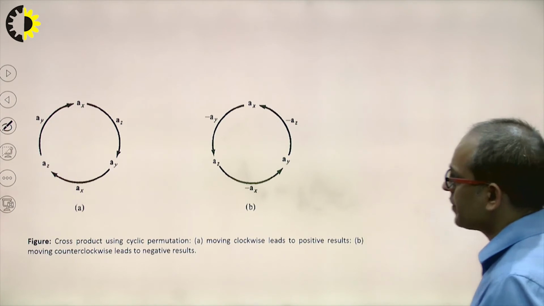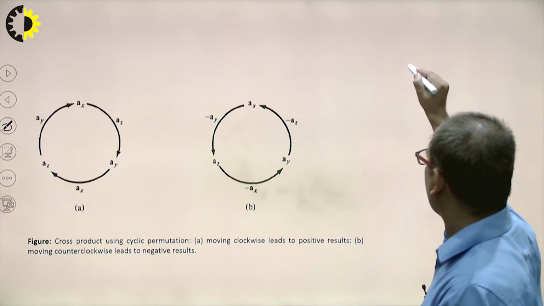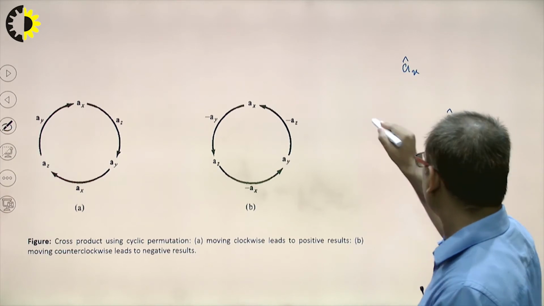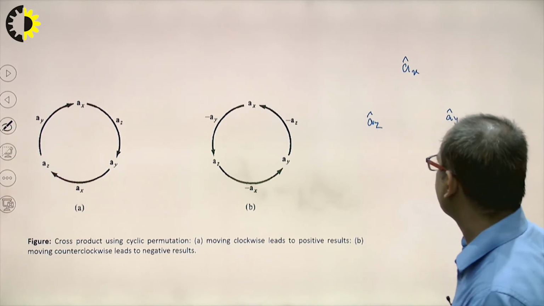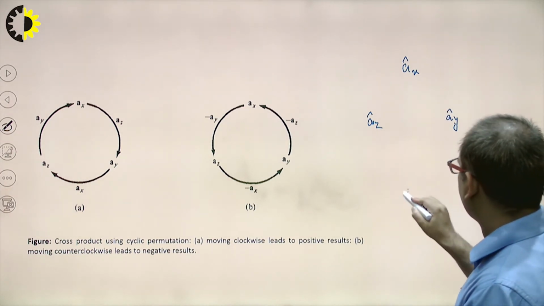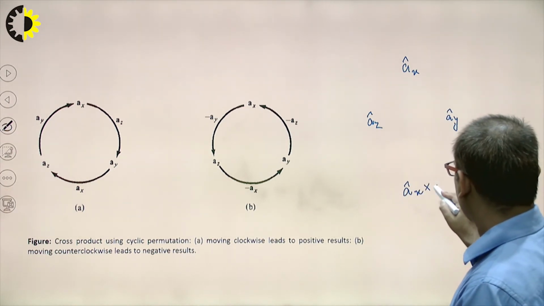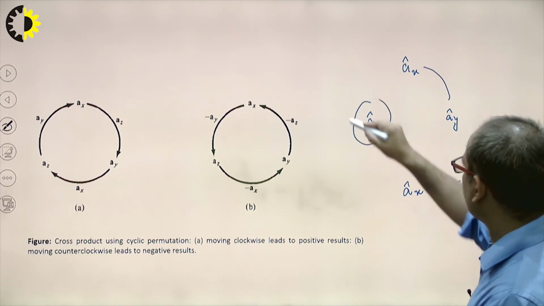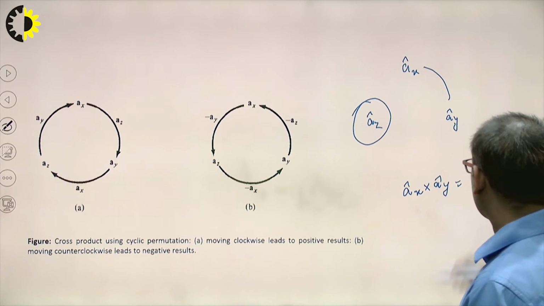You will see here, just follow this one: a cap x, a cap y, and this one a cap z. Now if I want to multiply a cap x cross a cap y, the resultant will be what? A cap z. Clear?